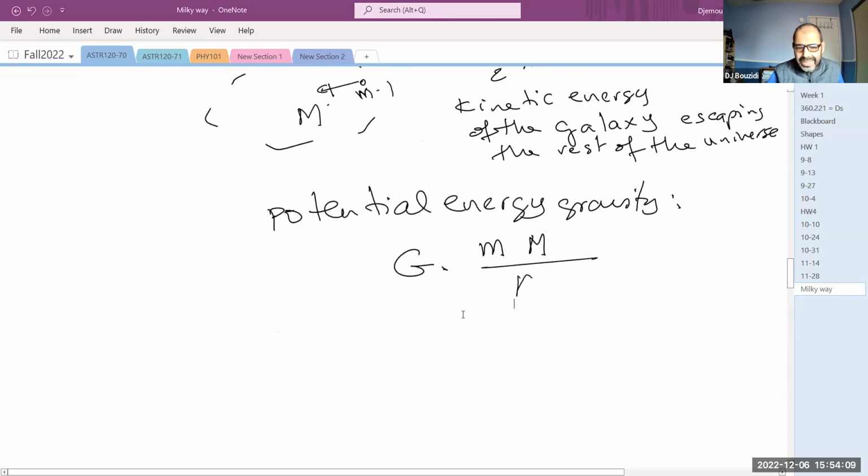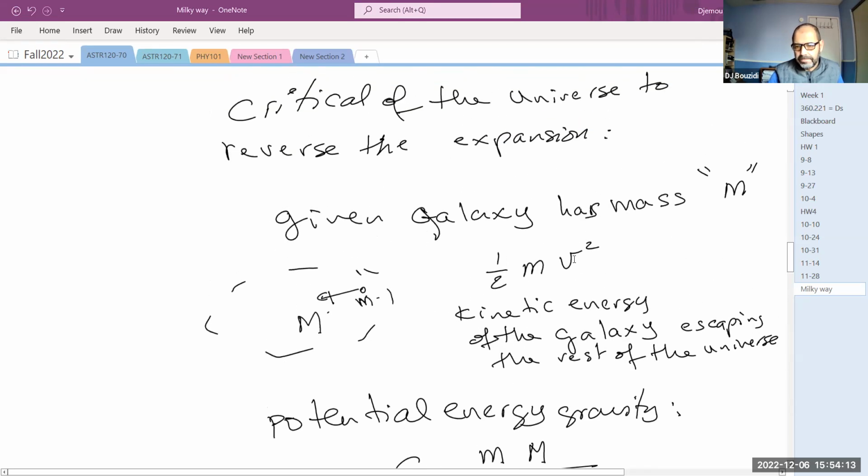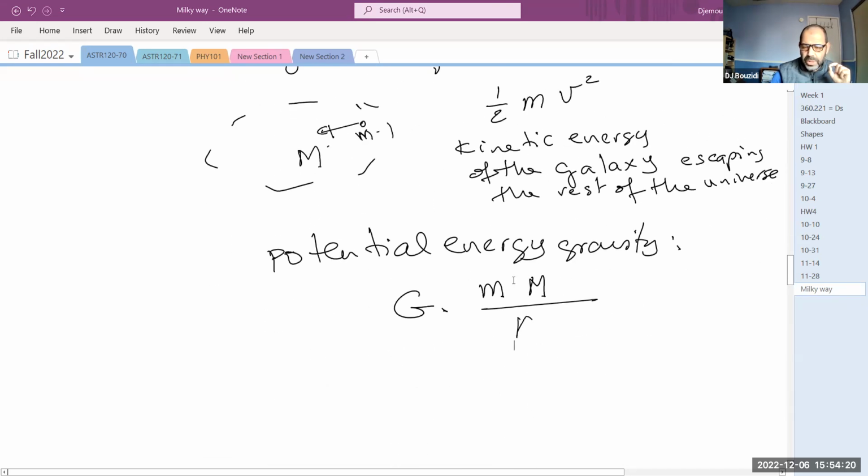Well, it will escape if it has enough kinetic energy. That kinetic energy needs to exceed the value of the potential energy, because the potential energy is trying to hold it to the rest of the universe, but if it has enough velocity, it's going to escape. That's basically the whole idea.